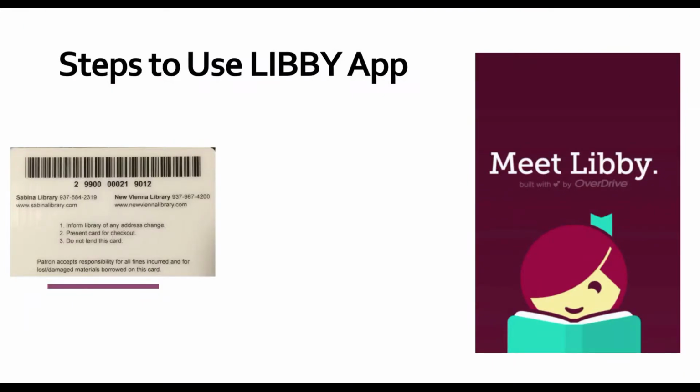Most people who access the Ohio Digital Library are doing so through a cell phone or iPad or some type of an e-reader. And if you are a person who is doing that, then you want to become familiar with the Libby app.